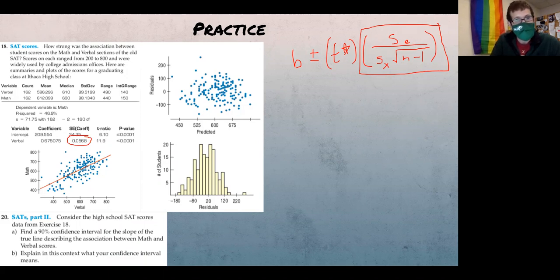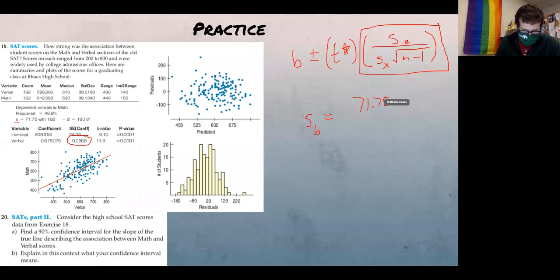If we needed to calculate this by hand, and I hope I'm about to do this part right, the standard error of our slope is going to be, we have this S given right here. That is the standard error of our residuals. So I'm going to put 71.75.